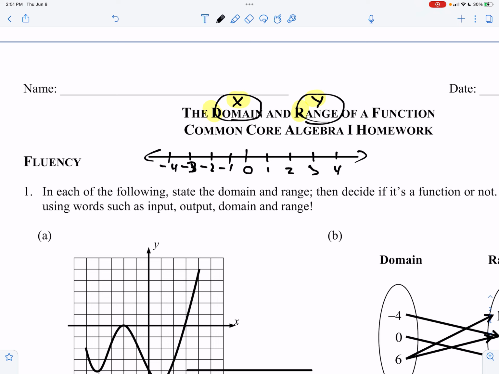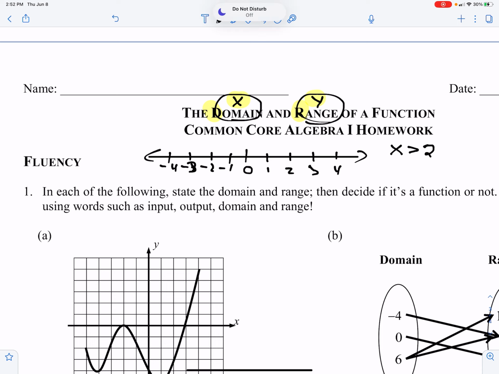Now, if I was talking about x is greater than 2, notice the symbol greater than means all numbers greater than 2, but it does not include 2. So it could be 2.1, 2.01, but it cannot include 2.